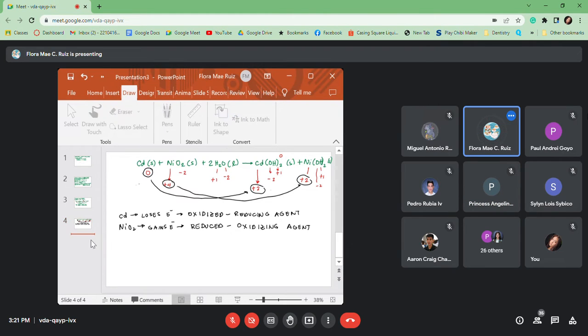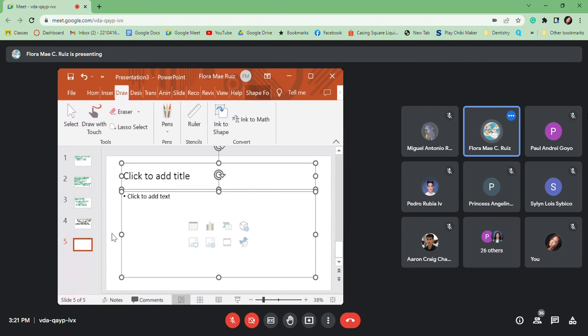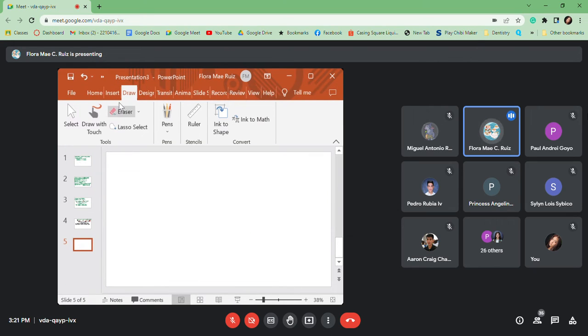Okay? Now, we write half reactions. Half reactions means in a certain reaction, we separate our oxidation and reduction process.